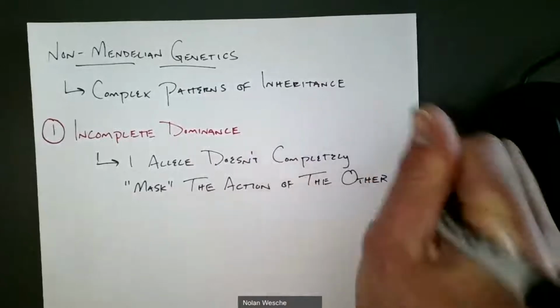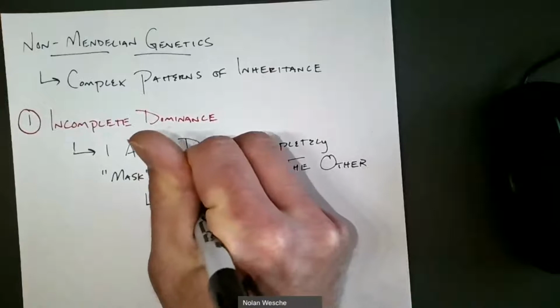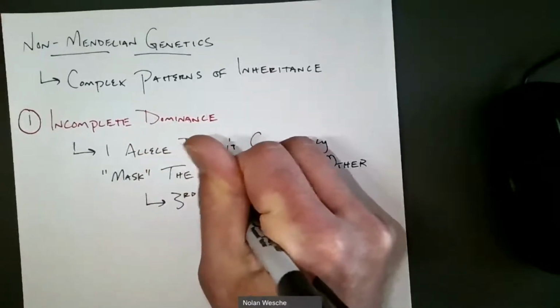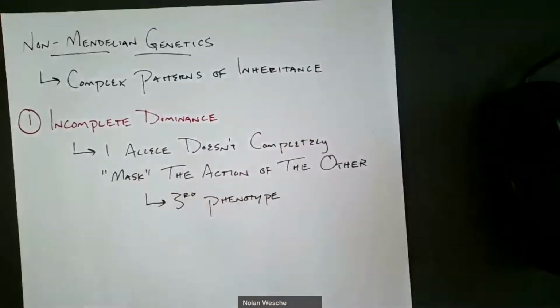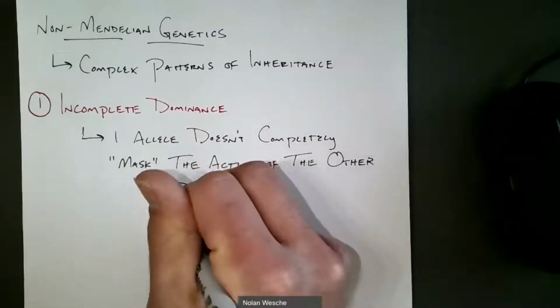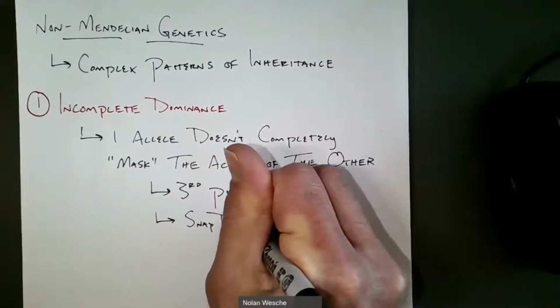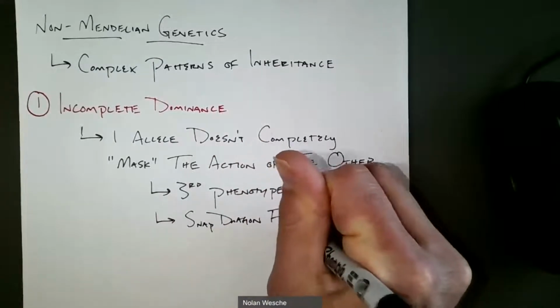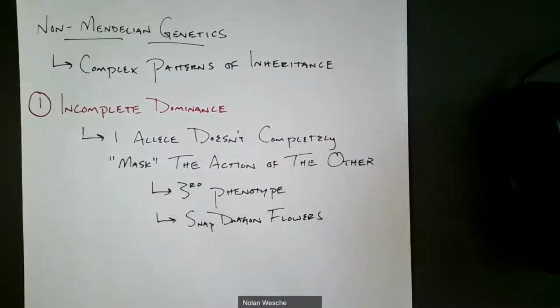So what we end up with is this alternative, this third phenotype. A good example, again, are these snapdragon flowers.